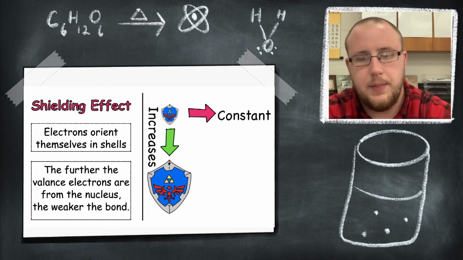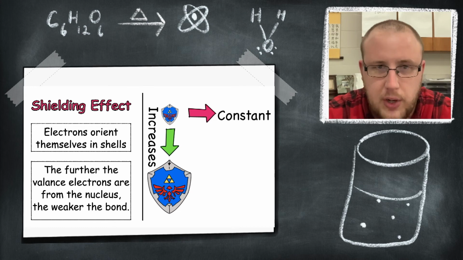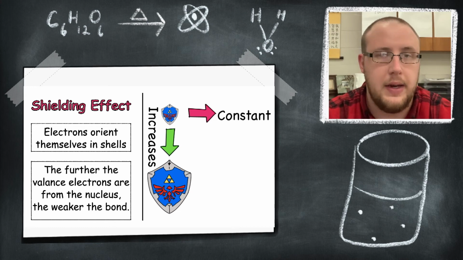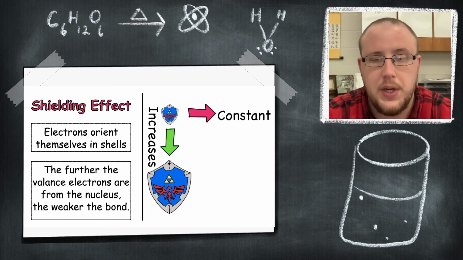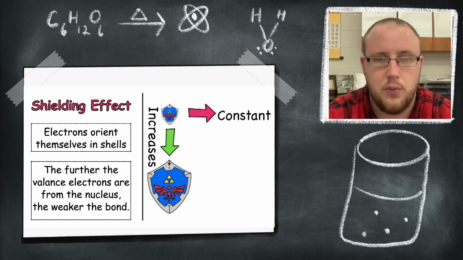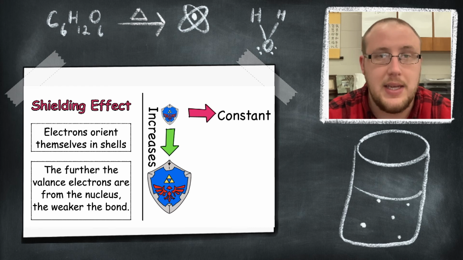When we're talking about shielding effects, we're talking about lessening the attractive forces between the valence shell electrons and the protons in the middle. So as we go down a family, so as we go down a vertical row, our shielding is going to increase because we're increasing the energy levels.